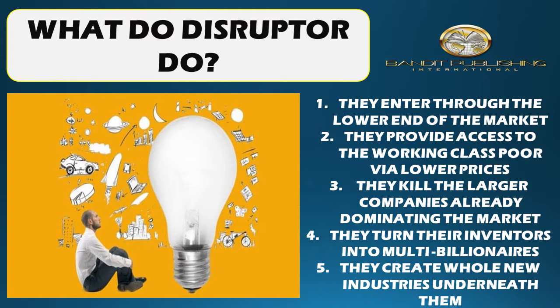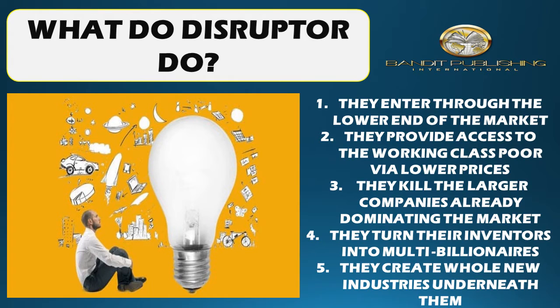And it's very profitable up at that altitude dealing with those customers. So the disruptor creates something that is easier to create. It's cheaper. And the people at the lower end that can't afford to pay millions of dollars for a product, they can afford it, and they call that the lower end of the market.